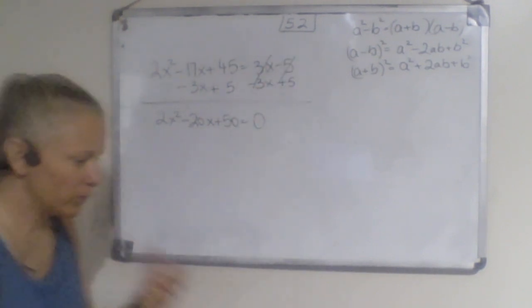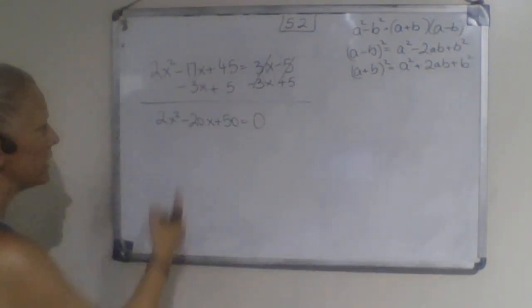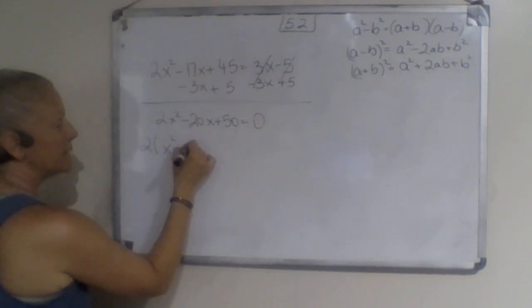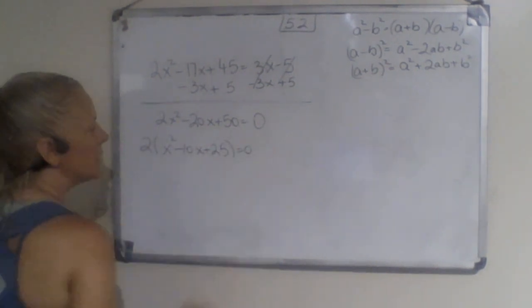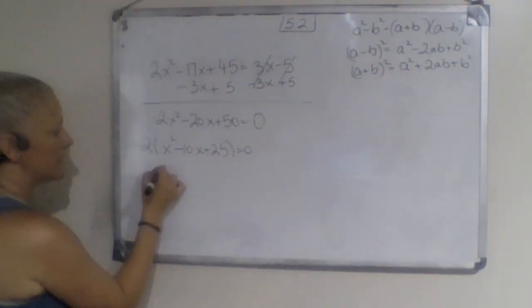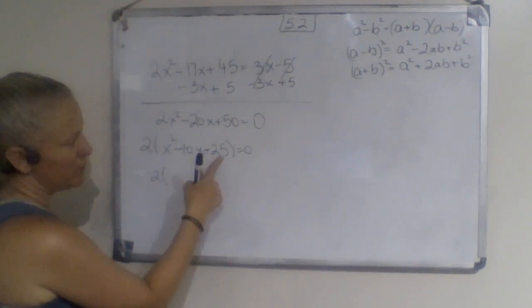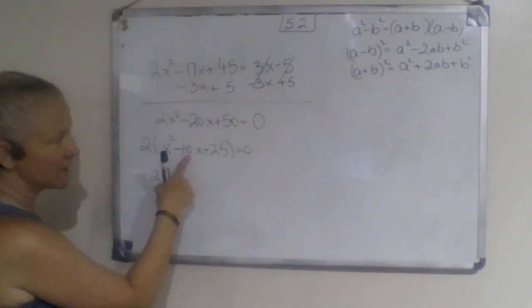Remember how we said we can factor a 2 out? What if I divide the 2 out? I end up with x squared minus 10x plus 25 equals 0. This is where your work can be easy or hard. I can look at this and say this is the perfect square of x, and this is the perfect square of 5. 2 times 5 times x gives me 10x.